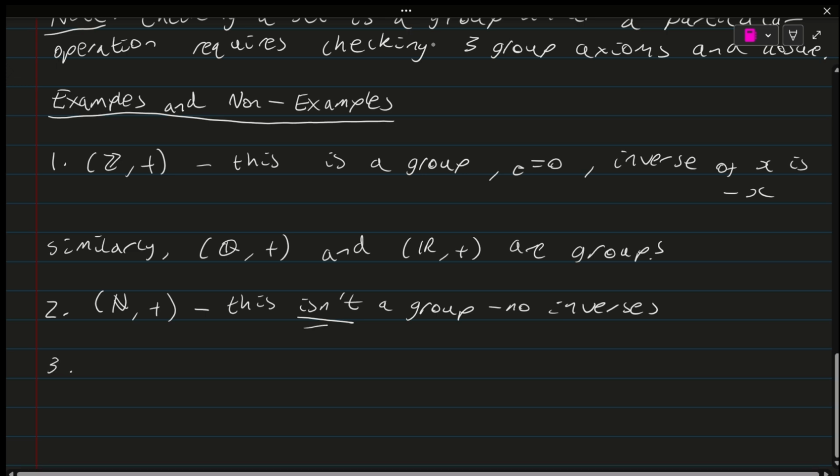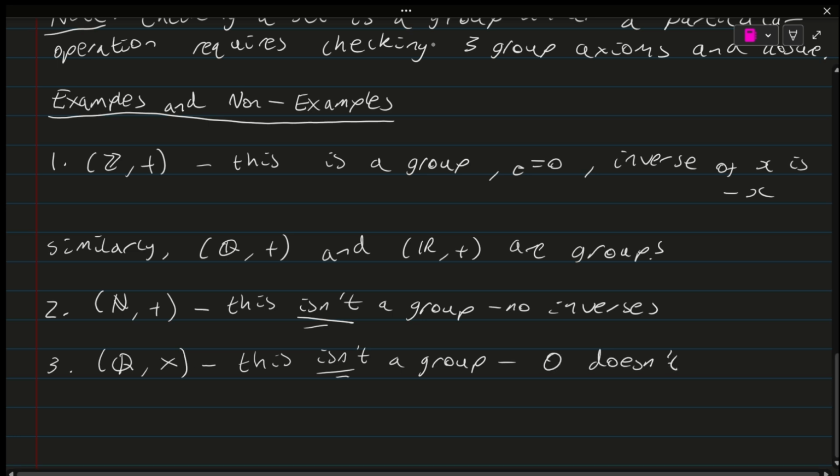Next, we look at the rational numbers under multiplication. This seems almost like it might be a group. Indeed, it is almost a group, but there's one thing missing here. Again, this isn't a group because 0 doesn't have an inverse.